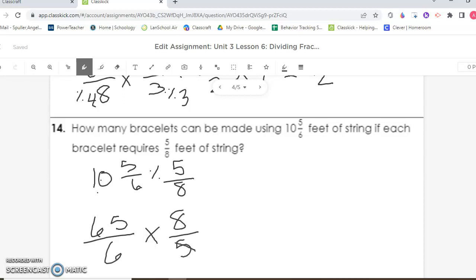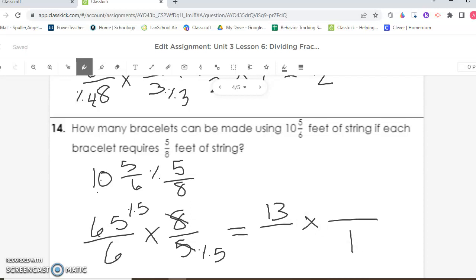I'm going to take 5 and divide it by 5, and I'm going to take 65 and divide it by 5. Okay, so let's get that. 65 divided by 5 would be 13 over something. And 5 divided by 5 would be 1.